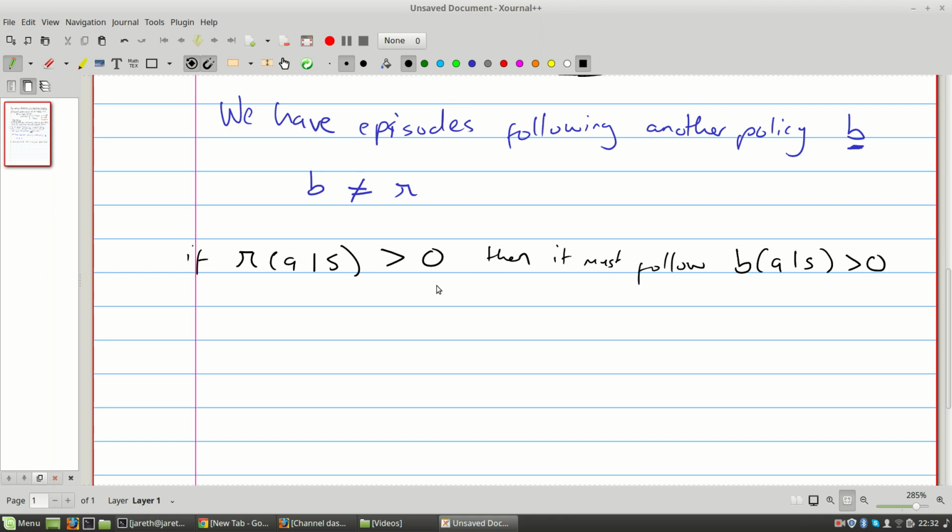So why are we doing this? This actually has a special term. This is called the assumption of coverage.